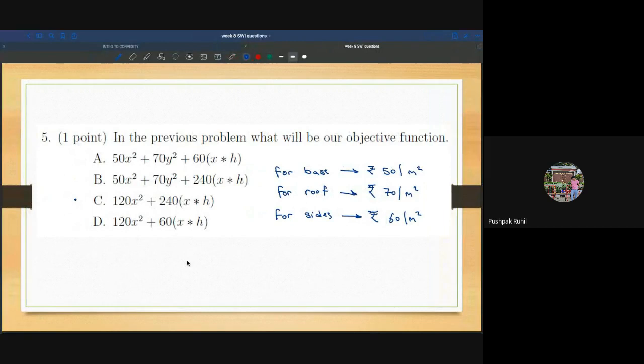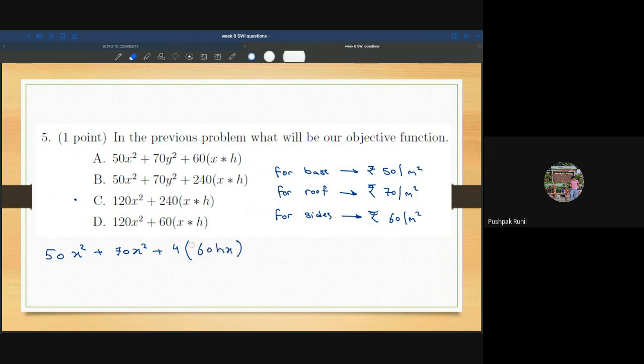All right. So I got option C in the chat. Again, not very difficult to solve. Let's say that the area of the base would be x square and the roof would be the same. So we will have 50 x square plus rupees 70 x square, plus now you have four sides, and for each side it would cost you 60 into hx.